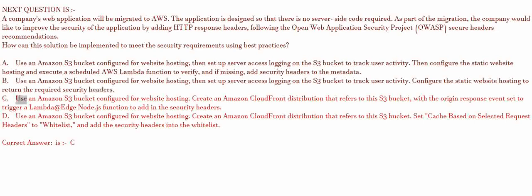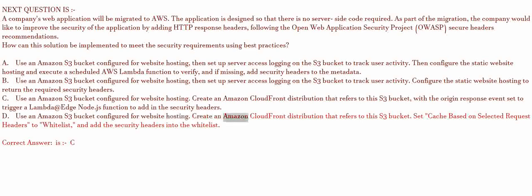C. Use an Amazon S3 bucket configured for website hosting. Create an Amazon CloudFront distribution that refers to this S3 bucket, with the origin response event set to trigger a Lambda@Edge Node.js function to add in the security headers. D. Use an Amazon S3 bucket configured for website hosting.